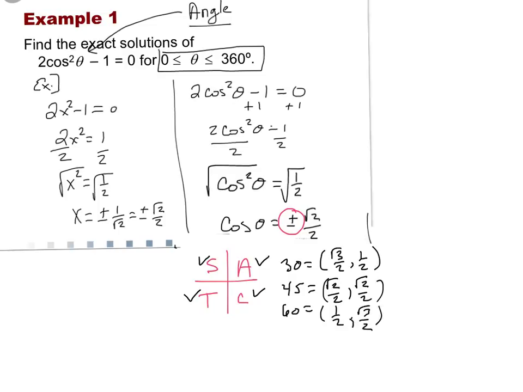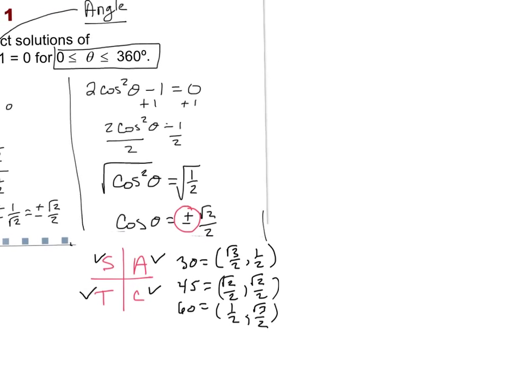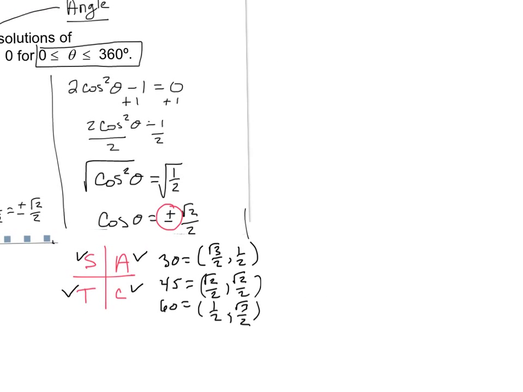Okay, so now I'm looking at this and saying, well, which one am I dealing with? Well, it's the root 2 over 2. It's cosine, so cosine is x. So I find this one, it's a 45-degree angle, so I'm dealing with all instances of 45-degree reference angles around the unit circle. Okay, so I'm going to start working up here.